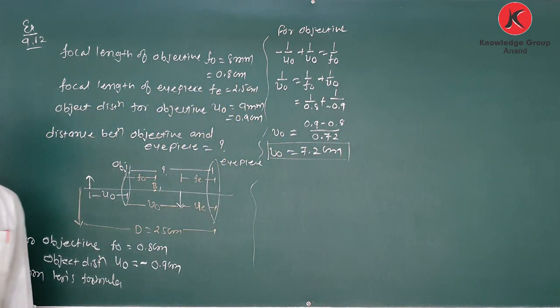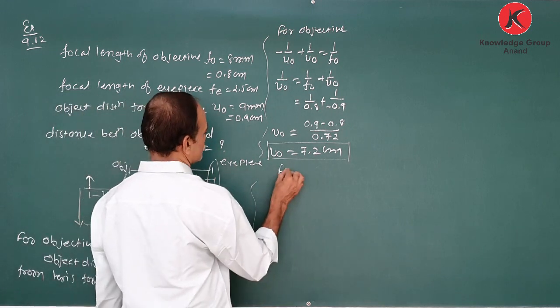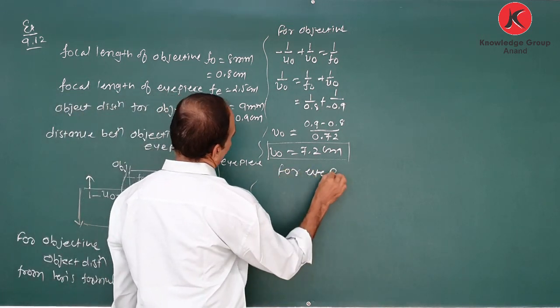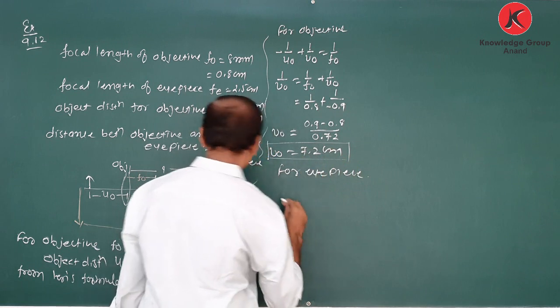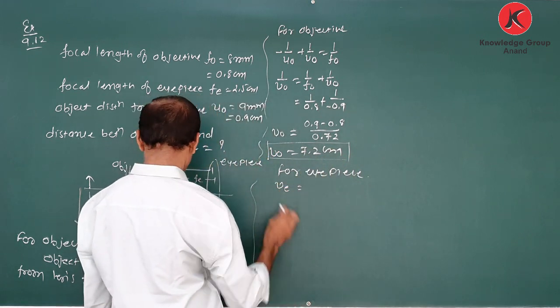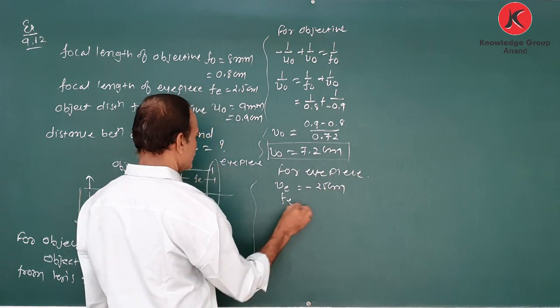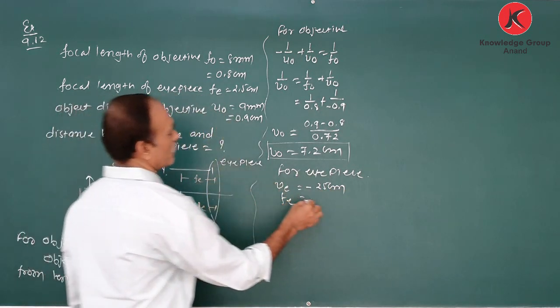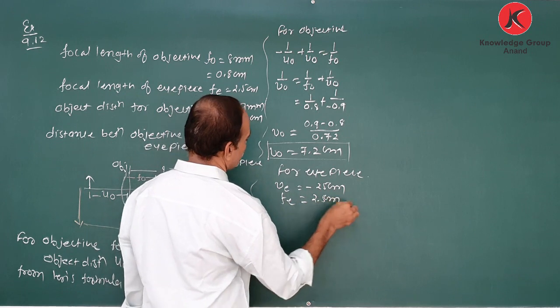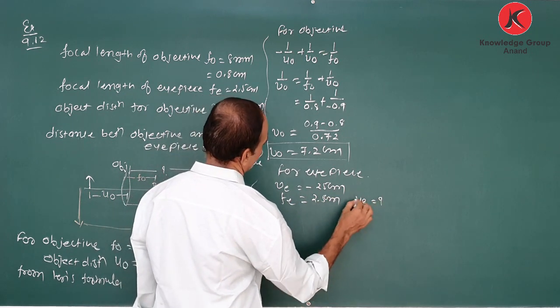Now for eyepiece, VE is given, there is the minus 25 centimeter. FE is given 2.5 centimeter. We have to find out the UE.